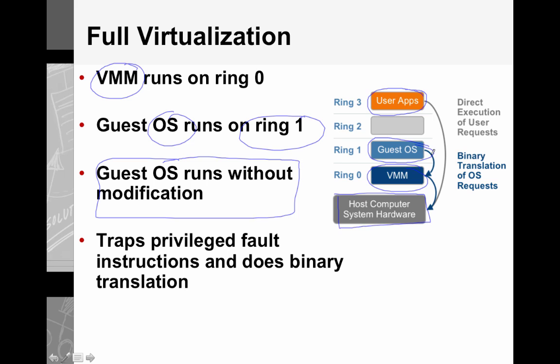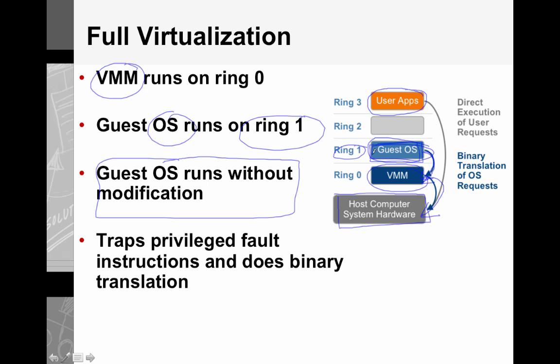Now, what happens when the operating system is running and the user applications want to run in kernel mode? In that case, those instructions are trapped and passed on to the Virtual Machine Manager, which then translates them and runs them on the hardware. The point I'm making here is that the guest OS faults on some instructions because those instructions cannot run on ring 1.